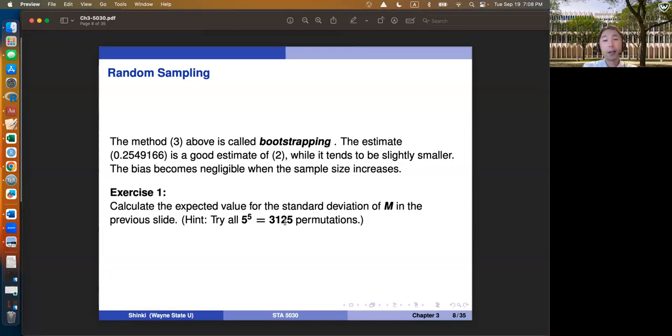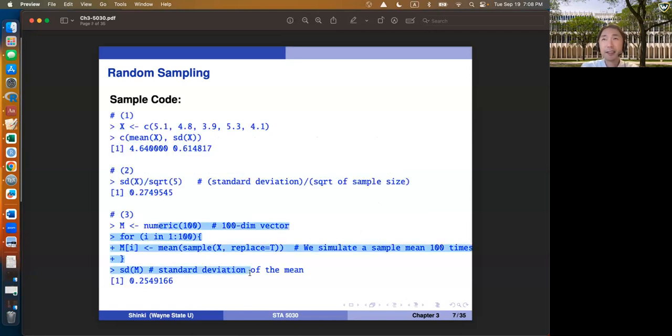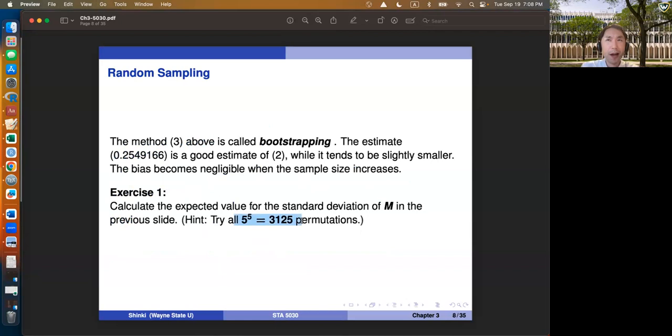So in total, we have 5 to the 5th power permutations. 5 squared is 25, 5 cubed is 125, so 5 to the 5th power is 3,125. If you try everything, then we can get the expected value for this simulation. Actually this is slightly biased from here, but it's pretty close to 0.2575. We can use a for loop 5 times maybe to get this. Any questions?